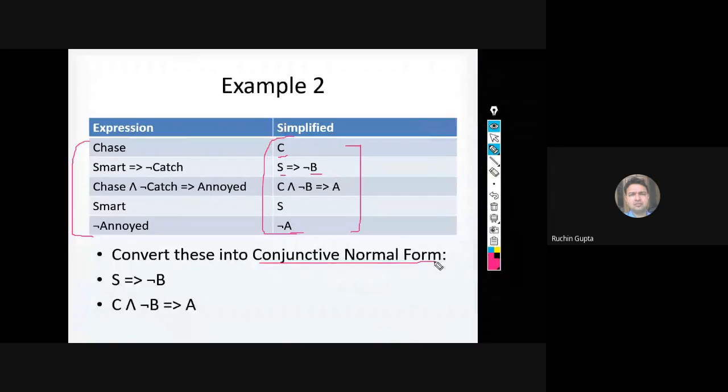We have already seen many inference rules which help us convert statements into CNF. You see this is already in CNF, this is already in CNF, this is already in CNF. And these are the two statements which are not in CNF form, so I need to convert them into the equivalent CNF form.